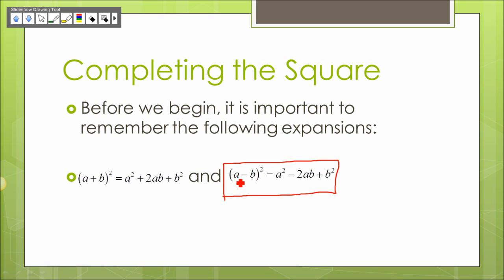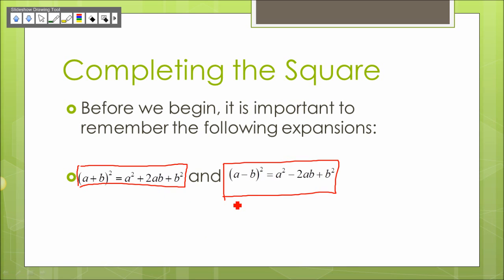So if you have a minus b all squared, it comes out to a squared minus 2ab plus b squared, and a plus b all squared comes out to be a squared plus 2ab plus b squared. So if we want to factorize and we've got two terms which are added together and all squared, or two terms that are subtracted, all squared, these are the expansions that they come out to be.